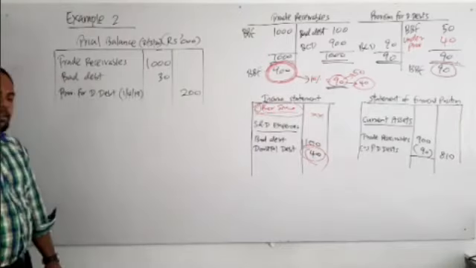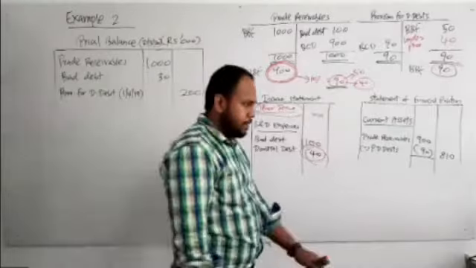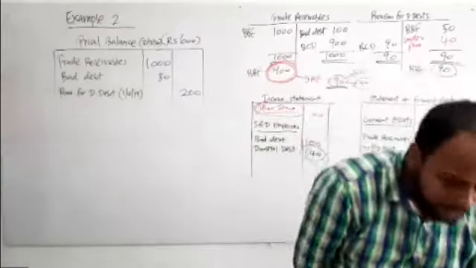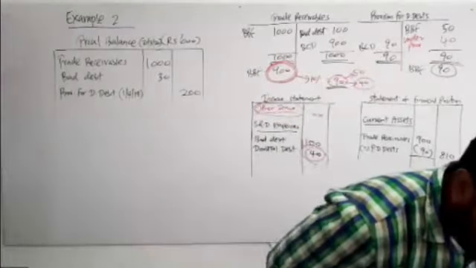Year end is 31st March 2020. Provision for doubtful debt on 1st of April 2019.